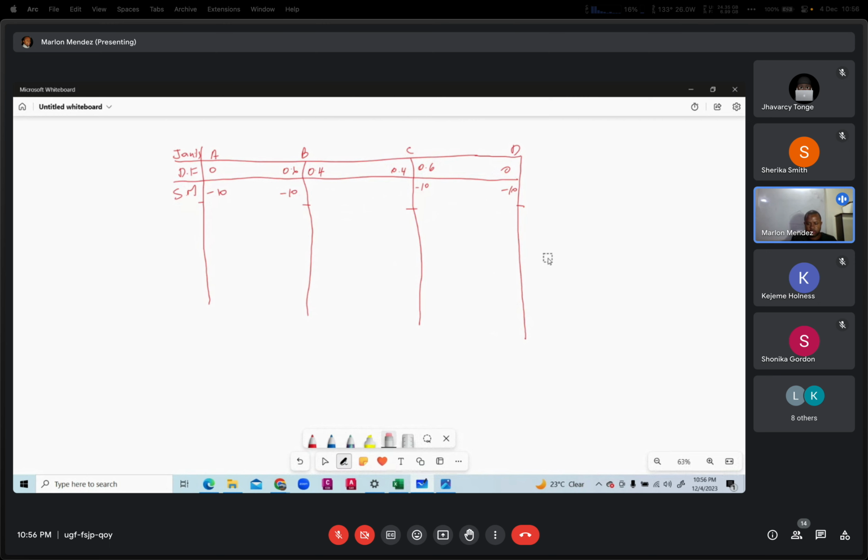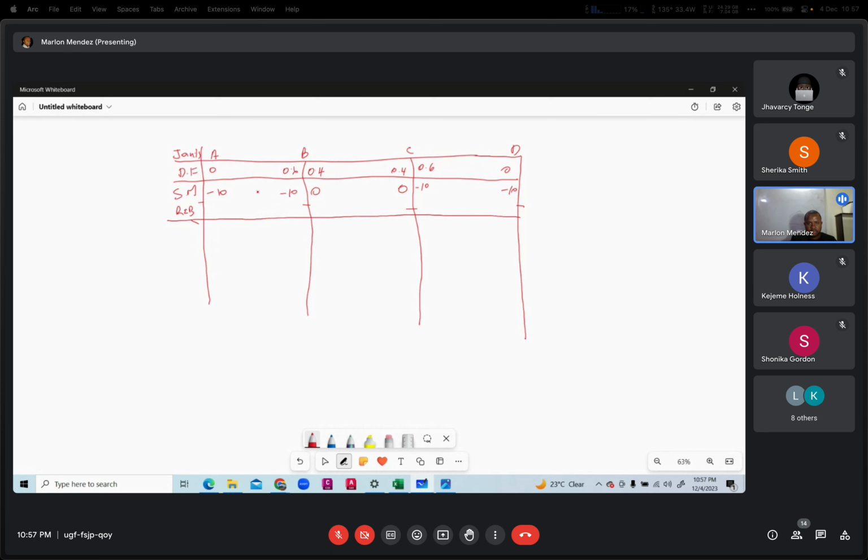Let's get some space. I'm going to release unbalance. Let's put it here. In releasing unbalance, this is 0, this is 0.